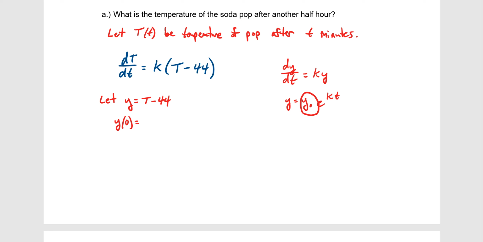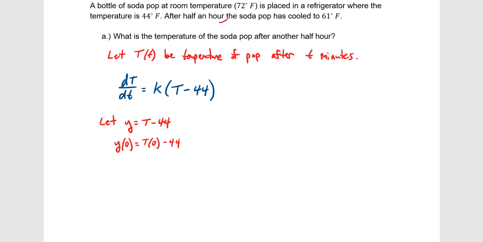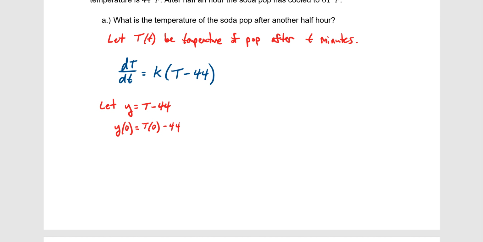We can find that by evaluating the initial temperature of the object. We know the initial temperature of the object because we're told that it's 72 degrees. So that's going to be y of 0 equals 72 minus 44. So we get y of 0 equals 28.